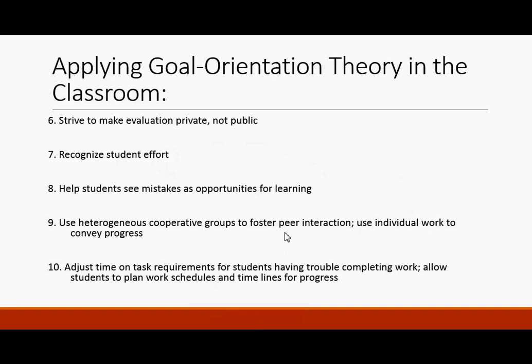And this would go back to that very first theory, self-determination theory. What was it? Autonomy, relatedness, and competence. This would give us relatedness. And then we want to always measure individual work. Use individual work to convey progress. Okay? Because often there will be one person in the group that is leaning on the other two.